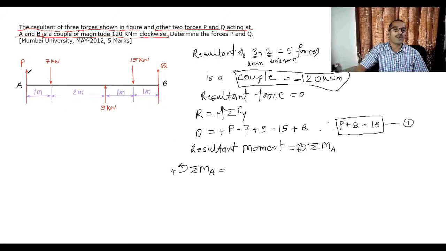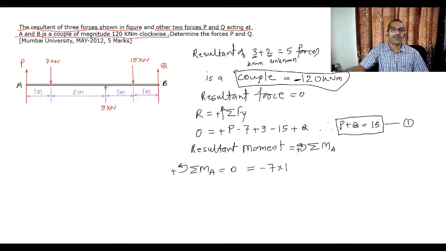The moment of the first force P is 0, because its line of action passes through point A. For 7 kilonewton acting downward, imagine rod AB held at the left end A with a downward force. The rod will rotate clockwise, so this is minus 7 into distance 1.